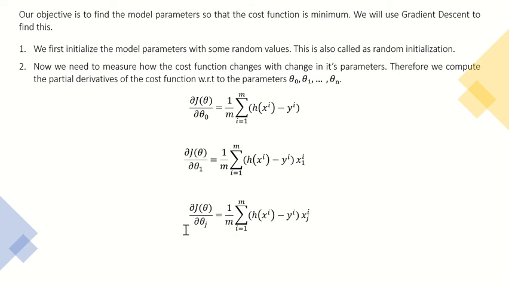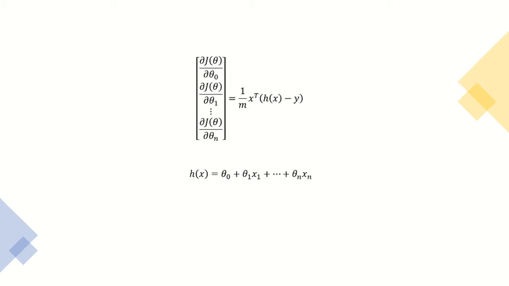For each theta j equal to 1 to n it can be calculated with this equation. In other words, we can define the gradient with this equation, where h is our prediction and is equal to this equation.